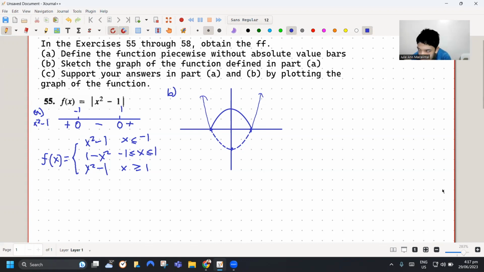Yung part C, yan yung above at saka yung dotted lines. Yeah. So yung for the part na nag-negative yung x squared minus 1, kita nga na deflected.